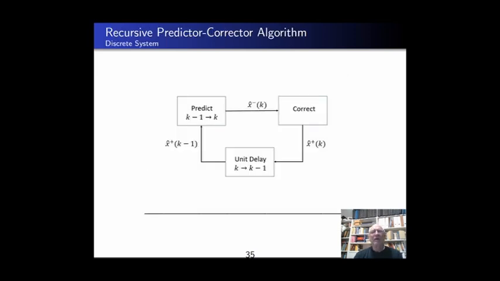If you recall our block diagram for the Kalman algorithm, you'll see that we have the predicted state, x hat minus, coming out of the prediction block on the left and going into the correction block on the right. And coming out of that block is the updated estimate x hat plus. So we're going to drill down a little bit on the correction block to show you where the Kalman gain is computed.